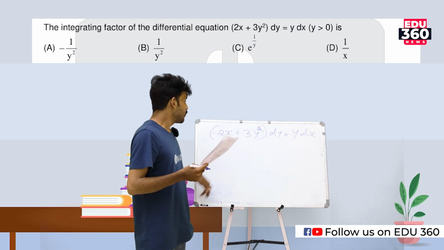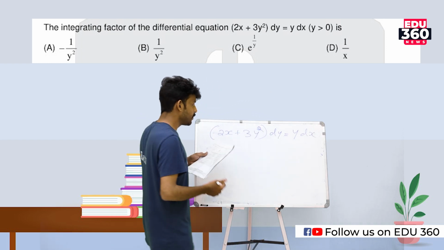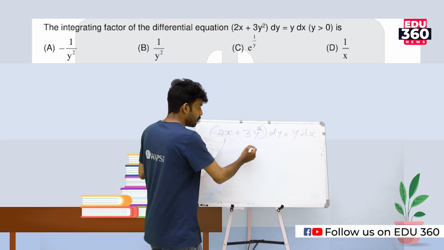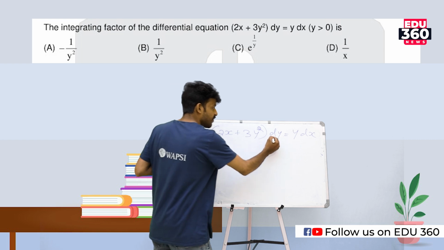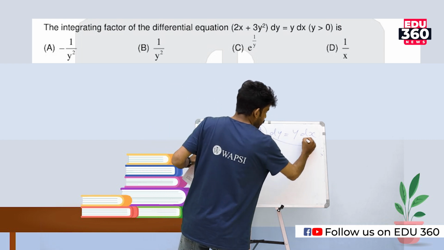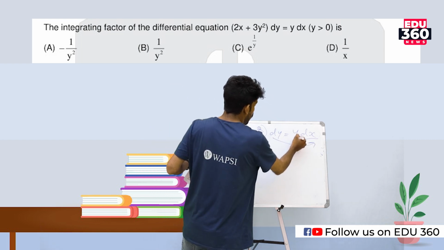Here we can write dx by dy. Just move this to the denominator, and we can move y here.